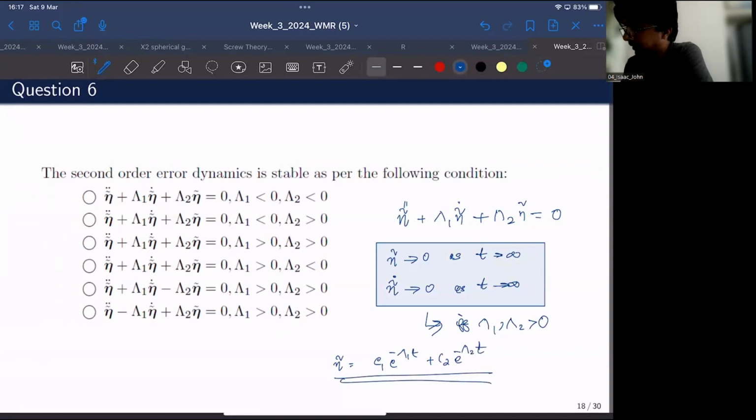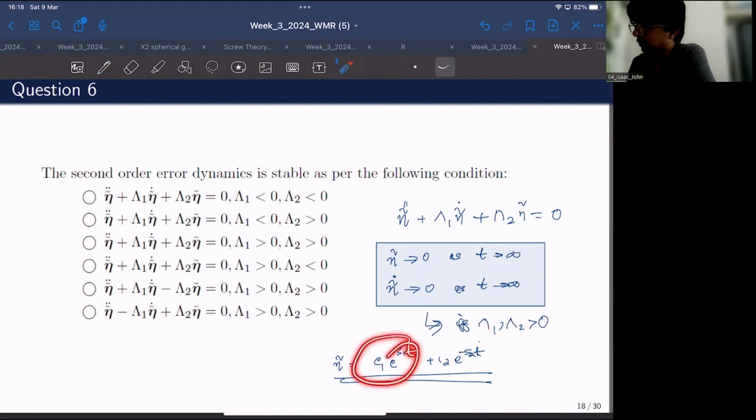No, it's not really lambda 1 or lambda 2. It's minus S1 t and minus S2 t. And this will be so only if lambda 1 and lambda 2 are greater than 0. And as you can see, as time tends to infinity, this term will go to 0 and this term will also go to 0.